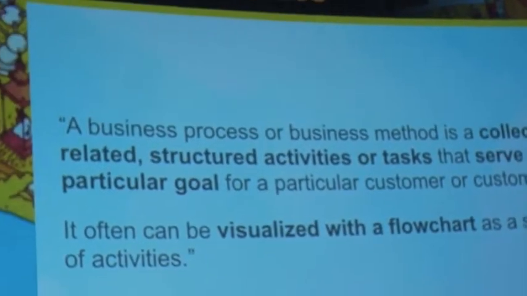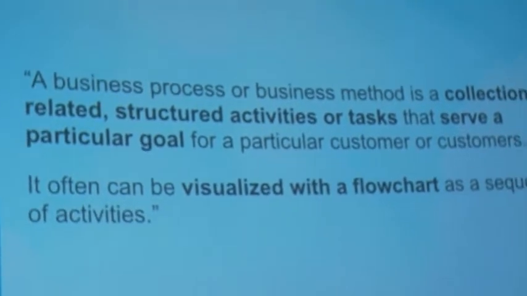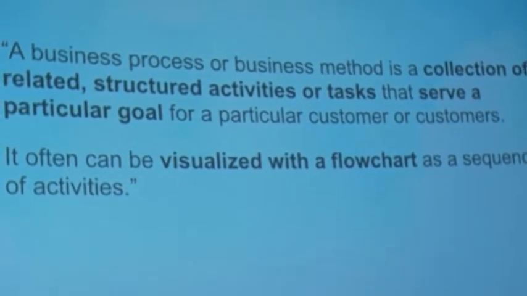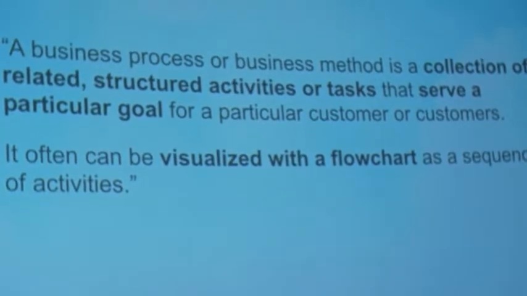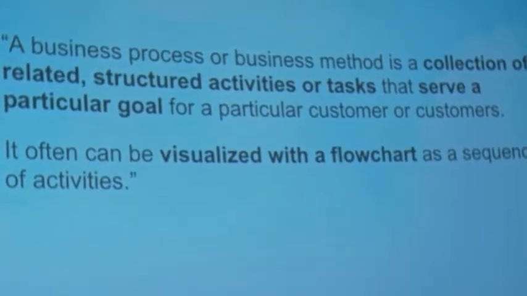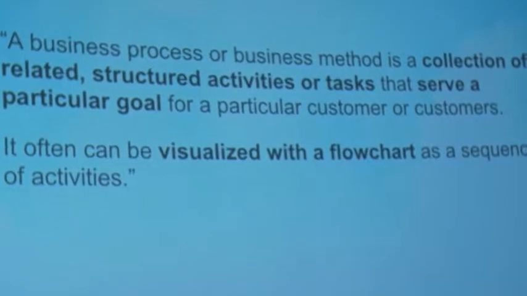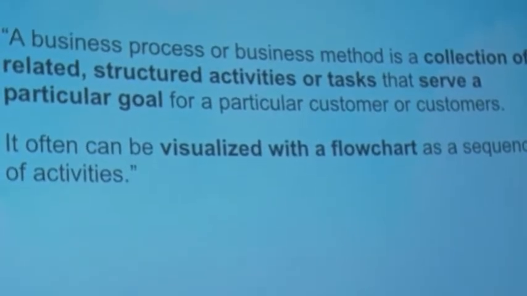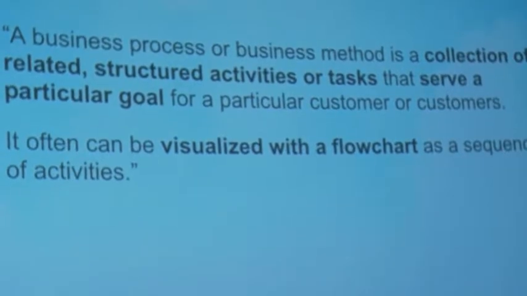Taking a step back, what we do is actually business processes. If you look up what a business process is on Wikipedia, it's a vague description: a collection of related activities and tasks for a particular goal. It's visualized with a flowchart. In the past, there were different ways of defining how a process looks.